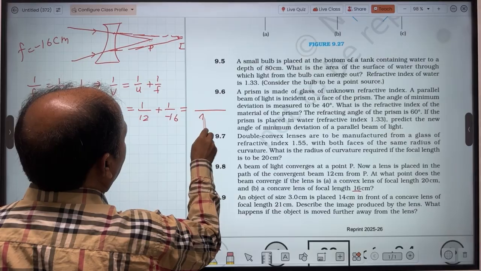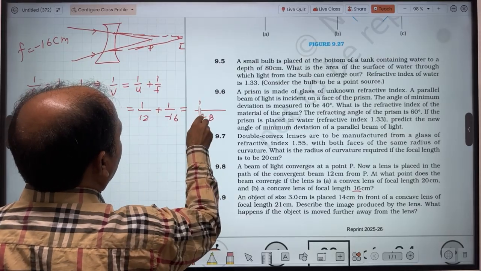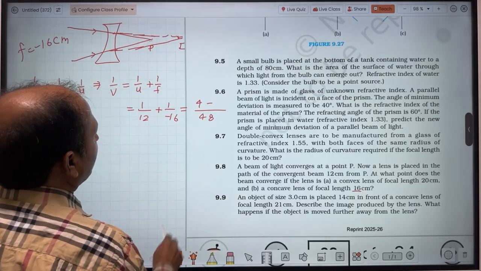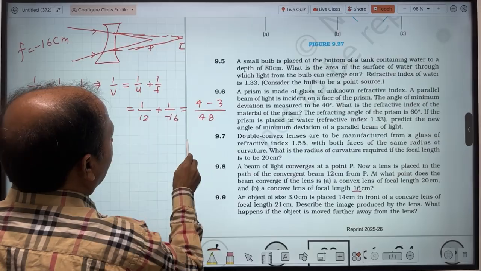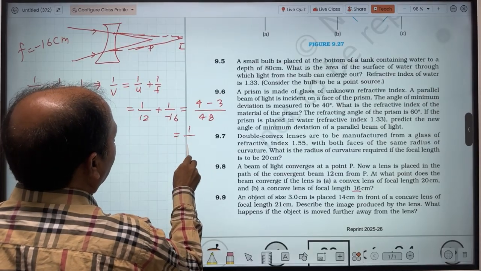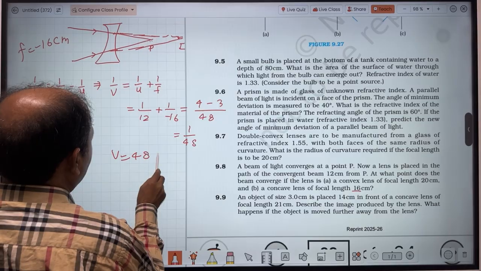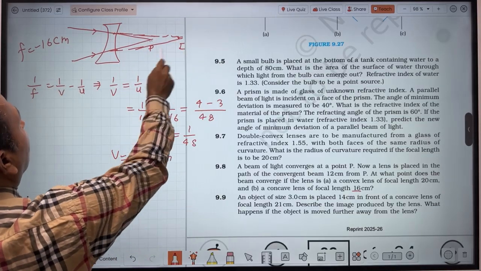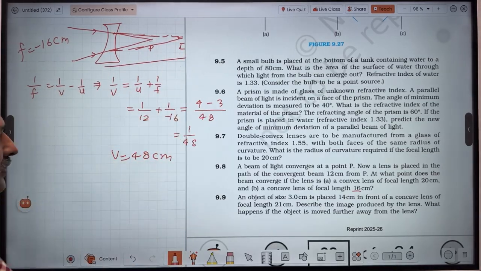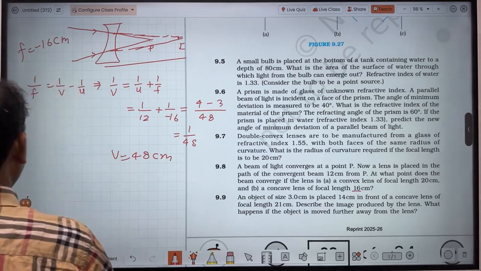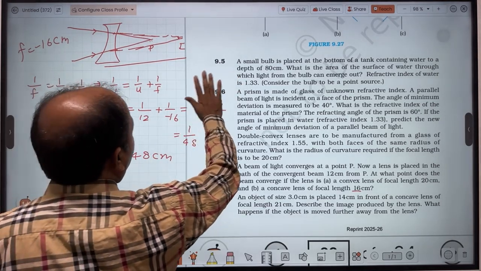This will become 48 and then this is 4 and this is minus 3. That is 1 upon 48. So v will be 48 centimeter. So this length will be 48. I think you have understood. Now, let's take the next question.